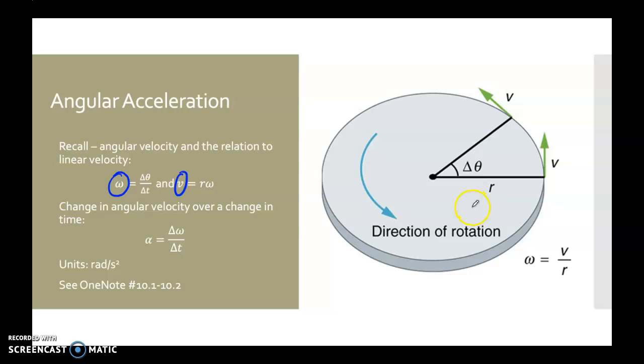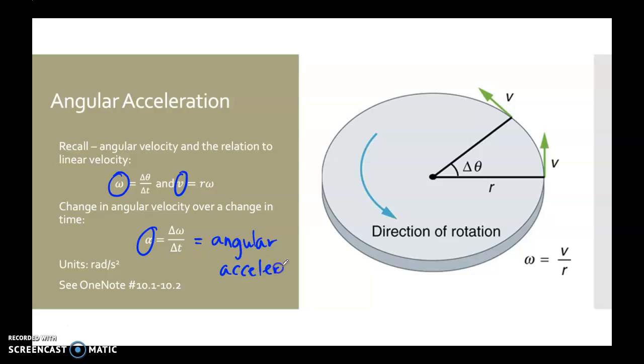So with angular velocity, if we have a change in angular velocity over a change in time, then we come up with angular acceleration, which is this alpha here.